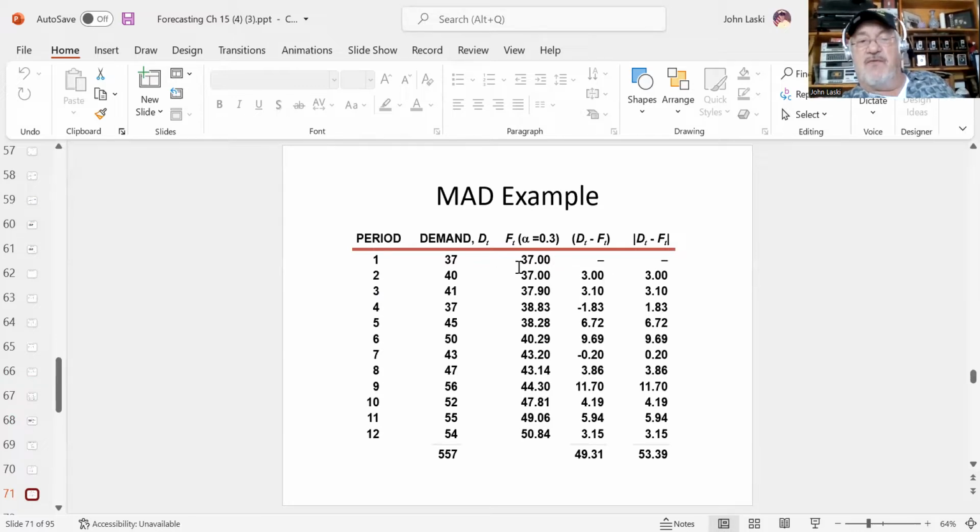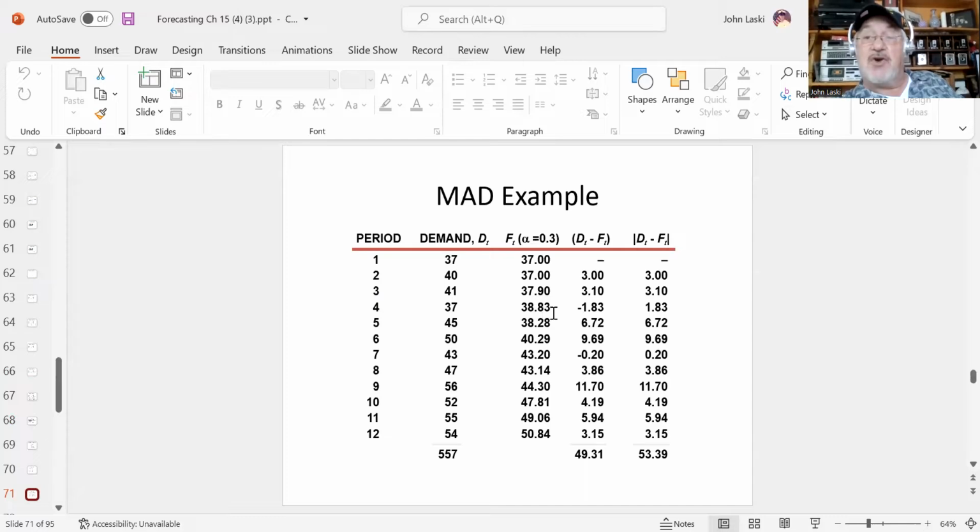We look at the error. The demand was 40. That's what actually happened in February. We had forecast 37. How wrong were we? 3. We were off by 3. 41 in March. We forecast 37.9. How wrong were we? The difference, 3.1. April, the actual demand number was 37.